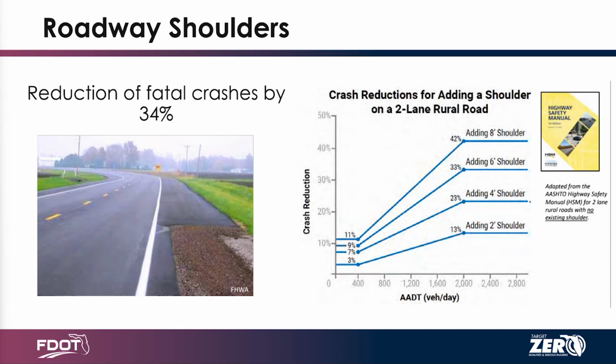Depending on how much of a shoulder you add, your safety benefits will increase to the maximum that was evaluated as part of the HSM, the Highway Safety Manual. Adding an 8-foot shoulder, you can see a benefit of 11 to 42%, depending on the AADT.